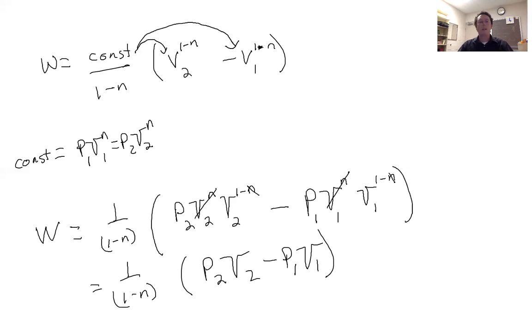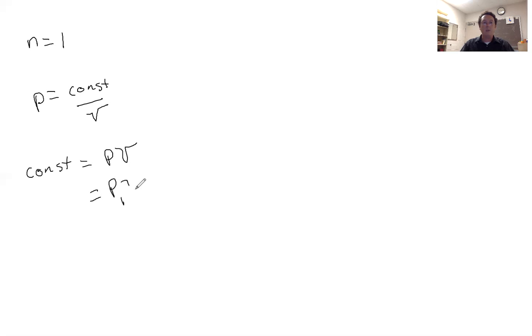All right, let's talk about the second situation. There we had n equal to 1, in which case pressure equals constant over the volume, which incidentally means our constant equals P times V, equals P1 V1 or P2 V2 if we knew the final pressure and volume.